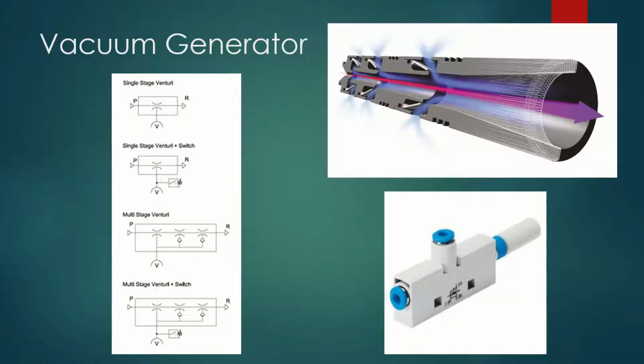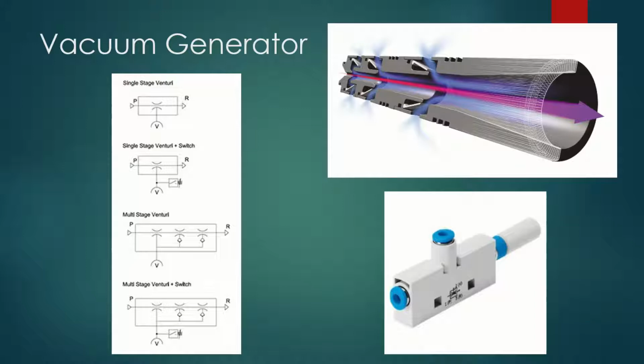Another one you'll see is a vacuum generator. So basically, you have an airstream that's moving and actually pulls a vacuum. The application of this is if you, for example, want to create a vacuum to pick something up with an end effector on, let's say, a robot.